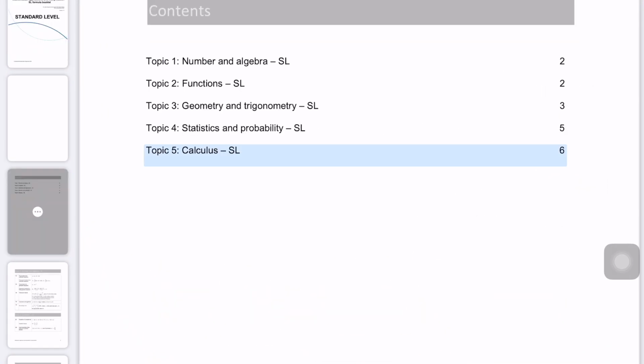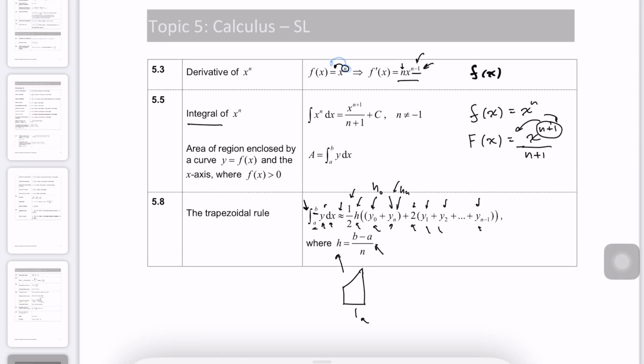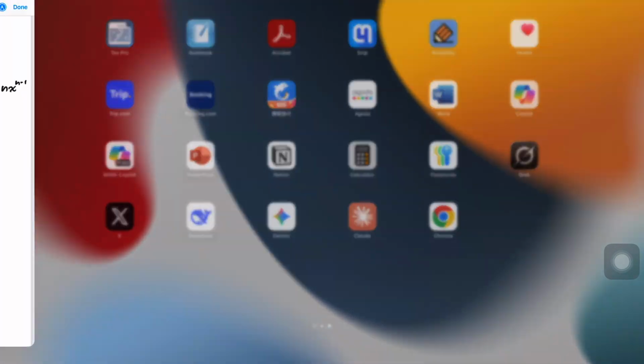So let's go to calculus and check it out. f of x is equal to x to the n. That's our normal function. What is the derivative? Well, the derivative, we take this n, bring it down in front, nx, and then we reduce the exponent by 1. And that is our formula that allows us to convert a normal function to its derivative.